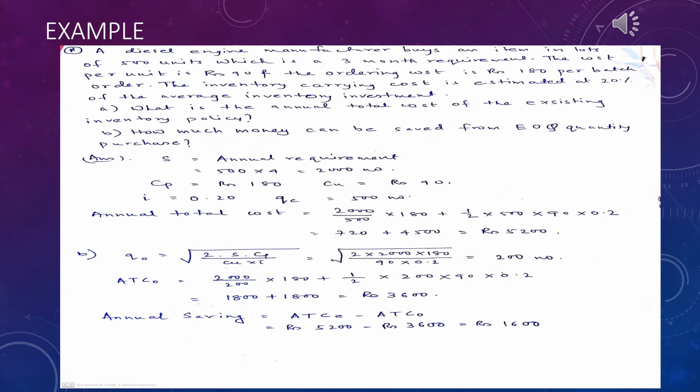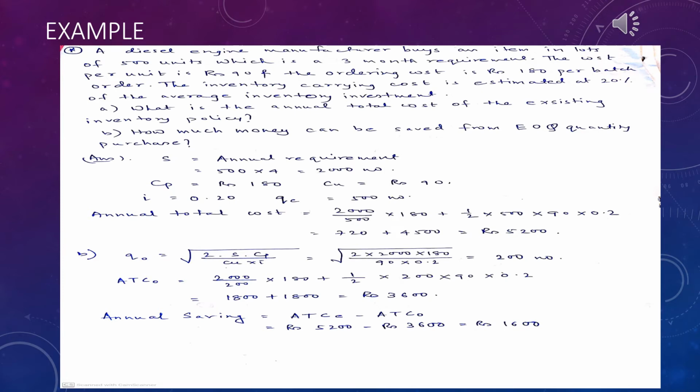So yearly, in 4 batches that will be purchased, so 2000 units become our annual requirement, while cost of procurement is 180 and the CU or the cost per unit is given at rupees 90. Inventory carrying cost is given at 0.20 and the batch size is 500 units.